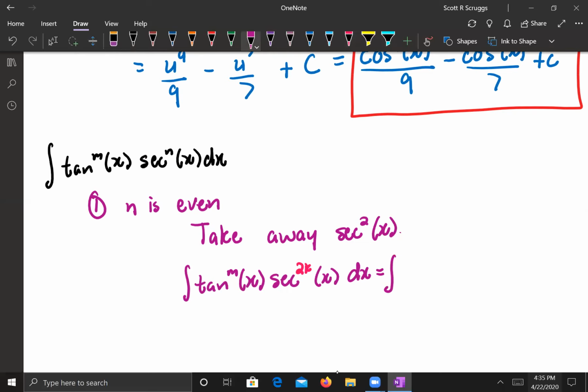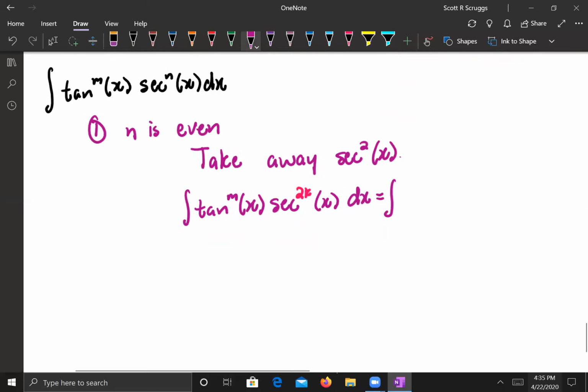I'm taking away secant squared in it. That's going to be our main point, Unique. We're going to do tangent to the m of x.